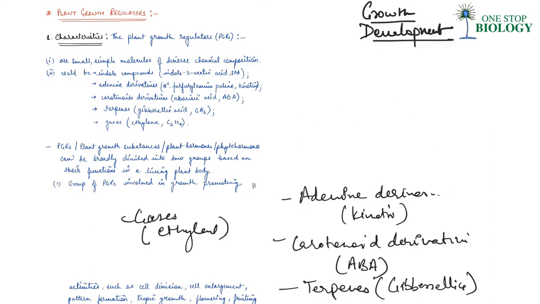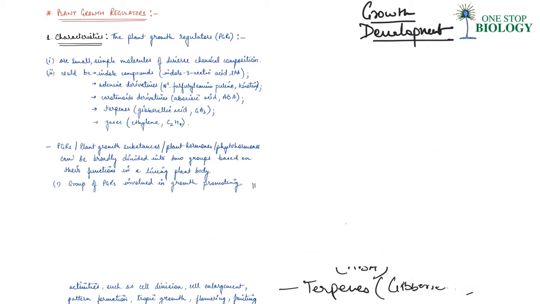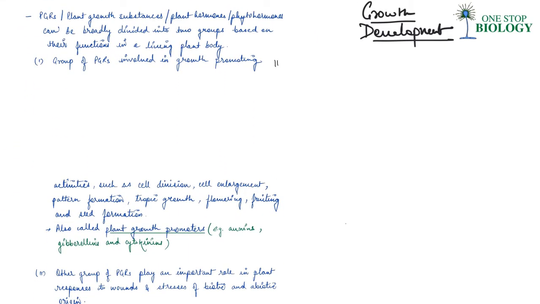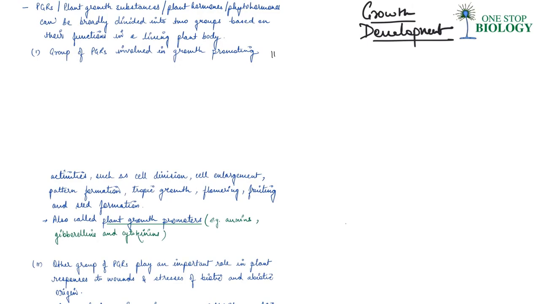Now, if we see the division of plant growth regulators, you'll see that they are divided into different types. So basically, PGRs are divided into two groups based on the function. What is their function in the living plant body?